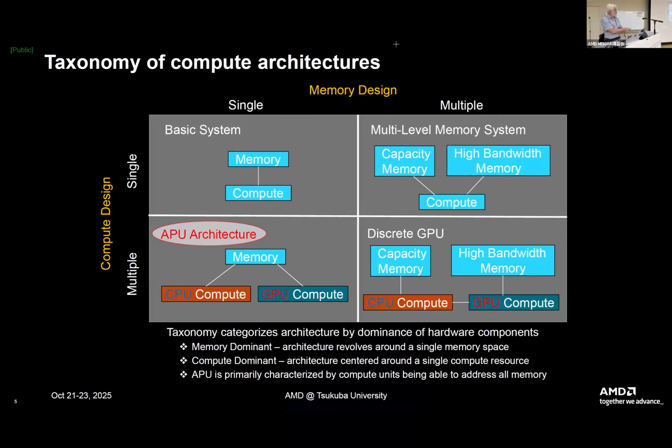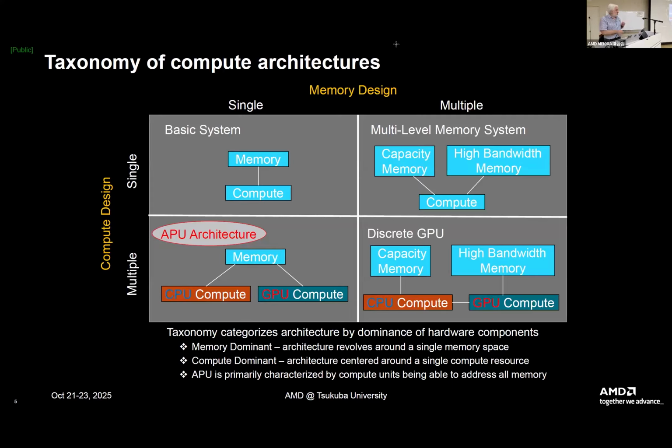And everybody has this image of compute and memory, a basic computing system. Those don't exist anymore. You can't find a computer with just a single compute processor and a single memory. We have a lot of systems with multi-level memory, and most of our GPUs are down in this lower right, which we label discrete GPUs.